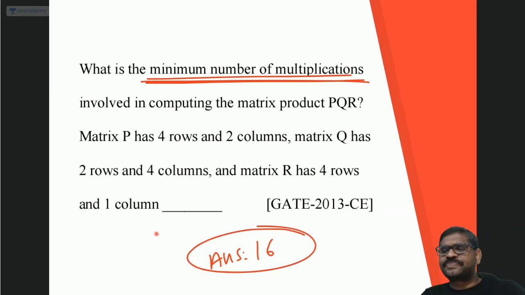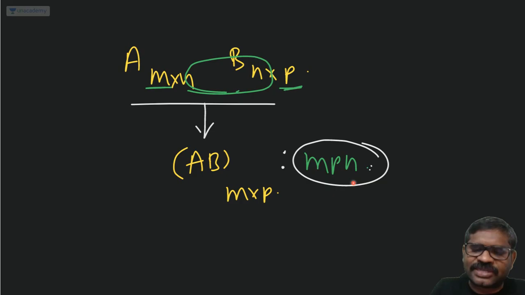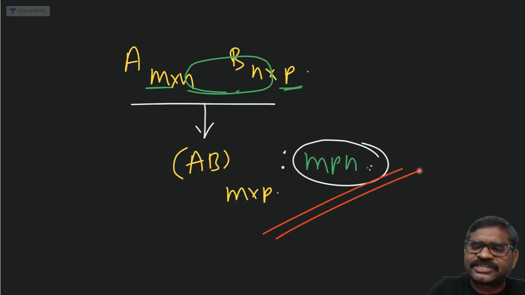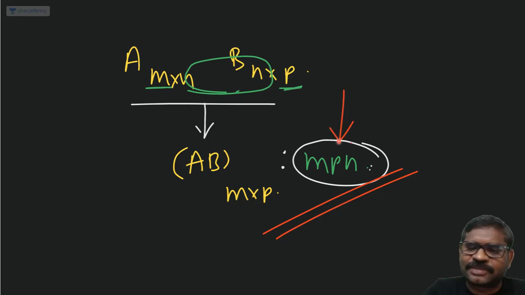Understood? So you have to remember this logic. Which logic? The mpn logic. That is the short trick. If you remember mpn, you can solve the problem very easily. Rahul, I have covered this concept yesterday. You watch the recorded video.